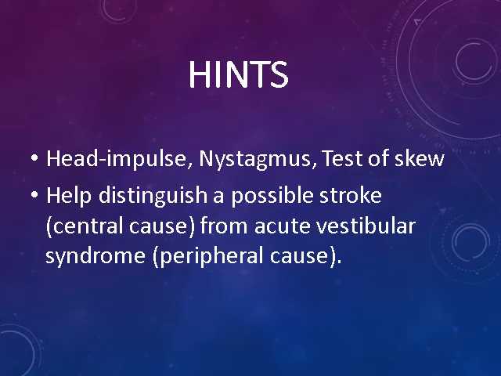Several studies have stated that the results of these three tests together, the HINTS together, are almost 70% more accurate even than MRI and CT during the first 24 to 48 hours of the patient presenting with a stroke, in differentiating a peripheral lesion from a central life-threatening condition.